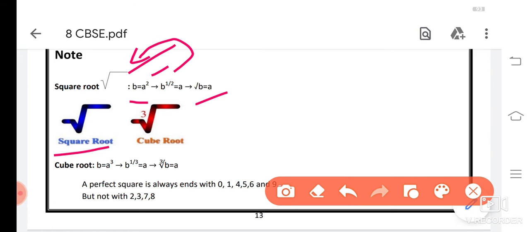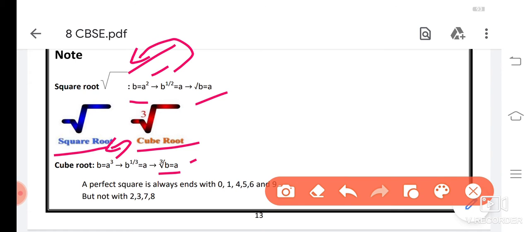Here this is a square root symbol, this is a cube root symbol. Now let us learn about cube root. b is equal to a cube. If you send this power 3 to the left hand side, that becomes b to the power of 1 by 3 is equal to a.